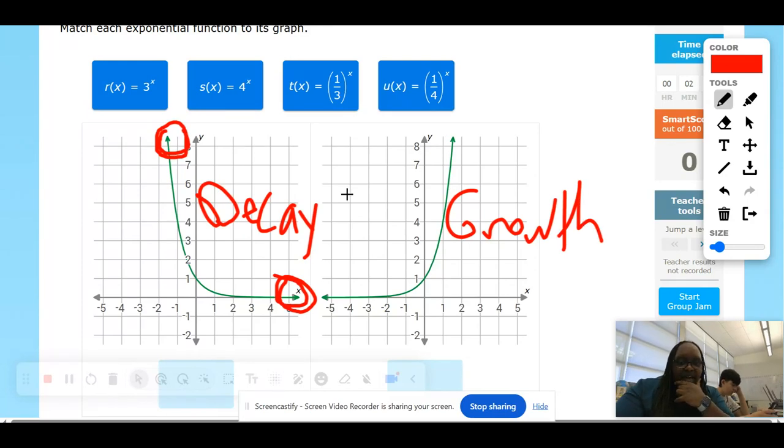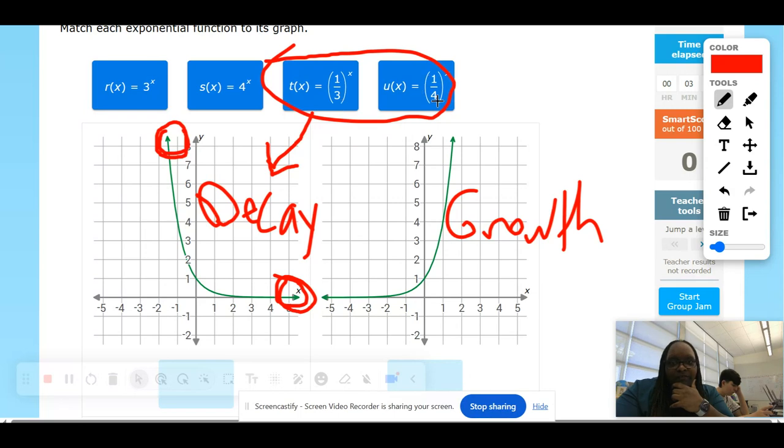So that means automatically, when I'm thinking about which of these functions matches which graph, for this first one, because it's decay, it has to be one of these, because it's showing a number for this base that is less than 1. If I divide 1 by 3, I get 0.33333.